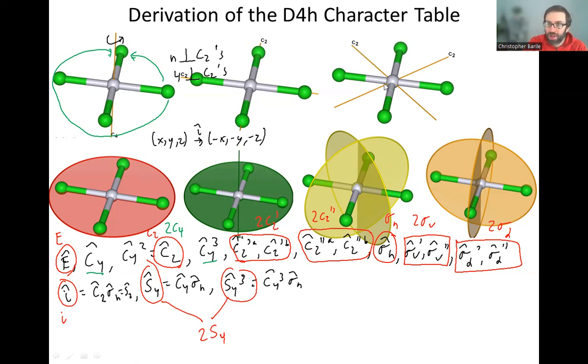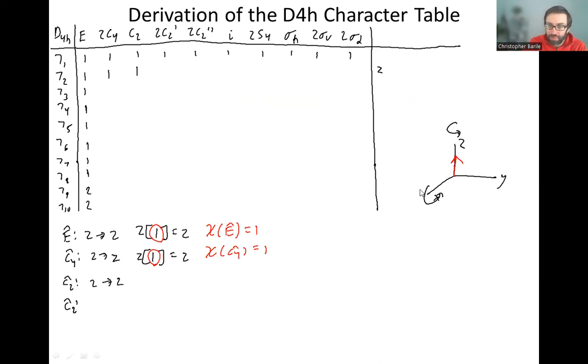C2 double primes were bisecting. So we could define this as the x-axis. Now we're defining our bonds and our C2 primes as being on the x-axis. We're spinning it this way, so we're flipping this z vector down, right?